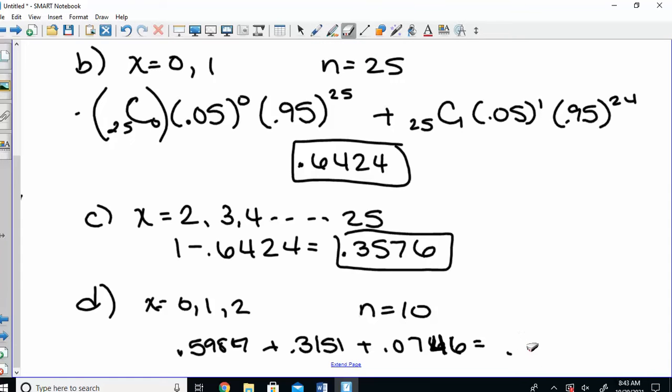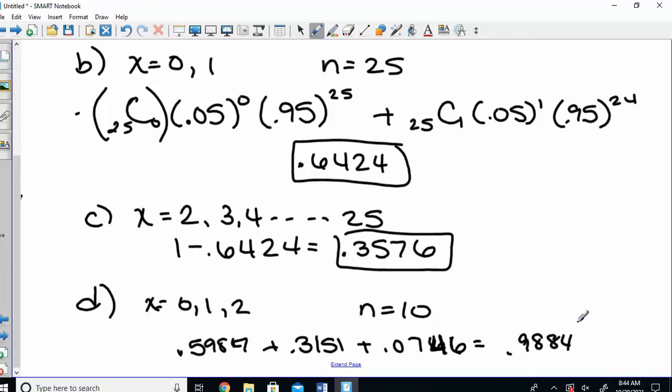You could always get it from the other one. So we get 0.9884. If you did the cumulative table, everybody flip, cumulative table is your table 4.